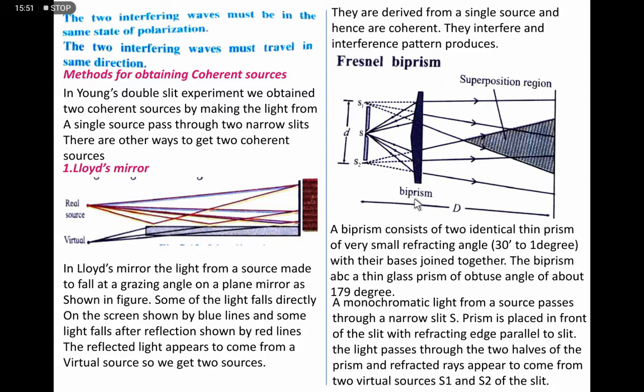S1 and S2 are the two virtual images of the source, that is slit S. The waves from these two sources interfere and we'll get the interference pattern. So this is another method to obtain coherent sources.